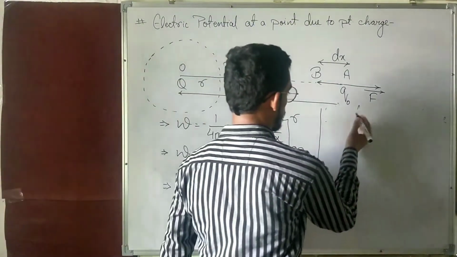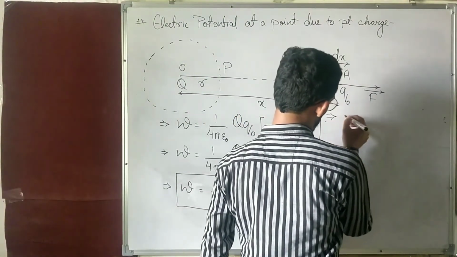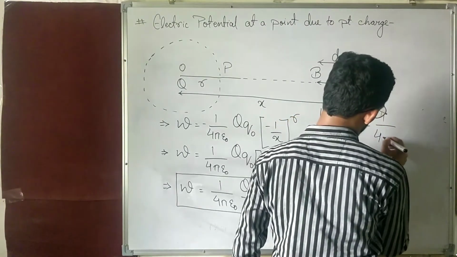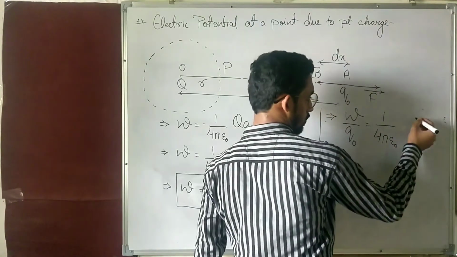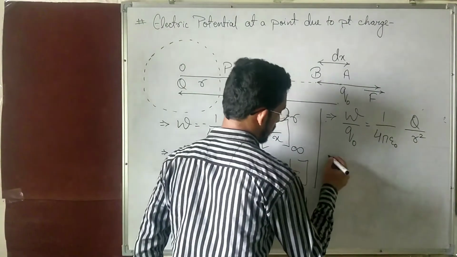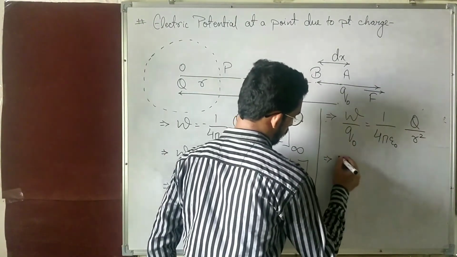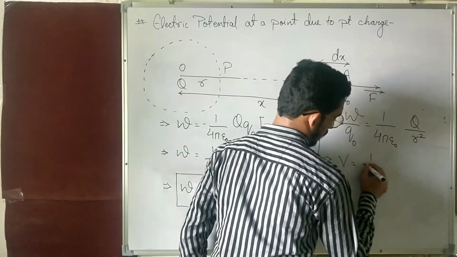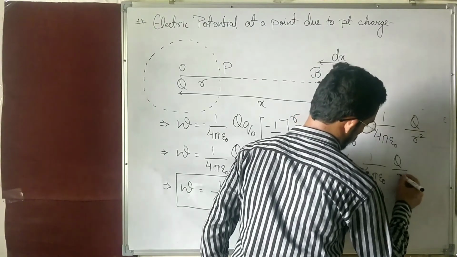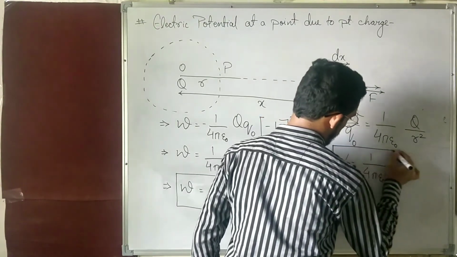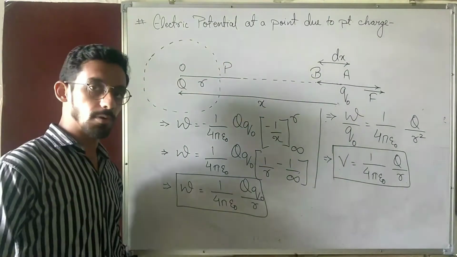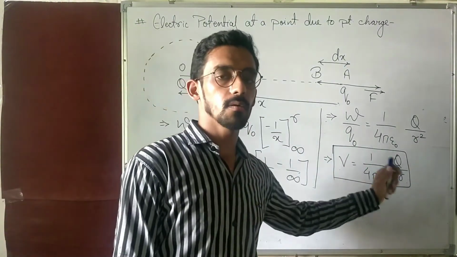Taking q naught, we get W upon q naught equals 1 by 4 pi epsilon 0 Q upon r. And as W upon q naught is equal to V, V equals 1 upon 4 pi epsilon 0 Q upon r. This is the required expression for potential at a point due to a point charge in air or vacuum.